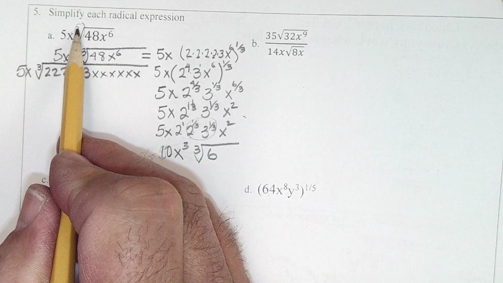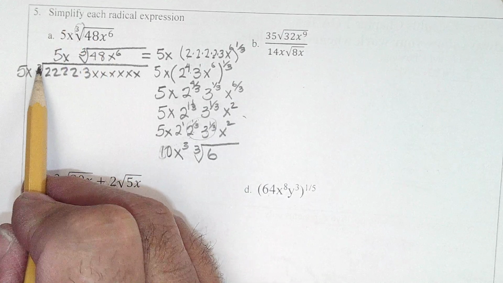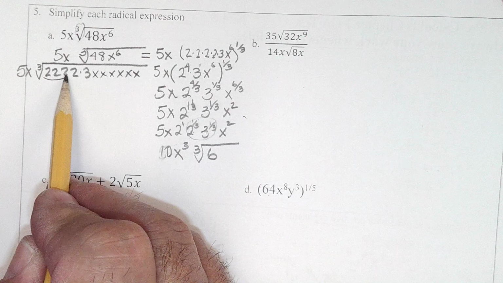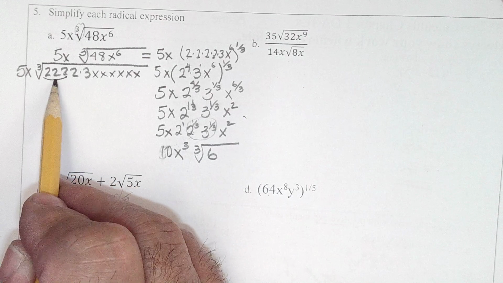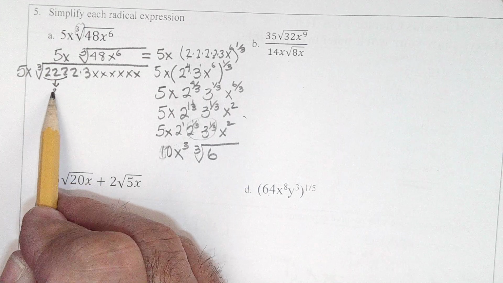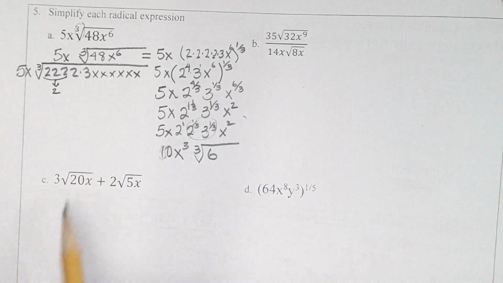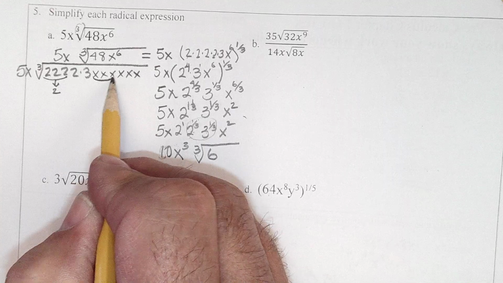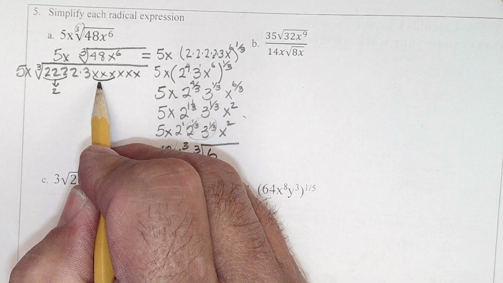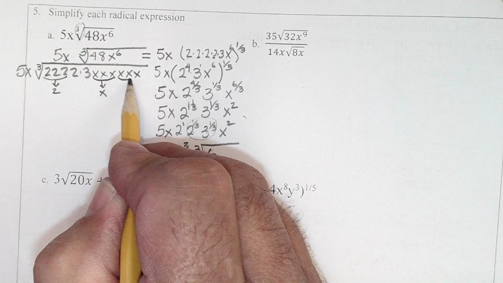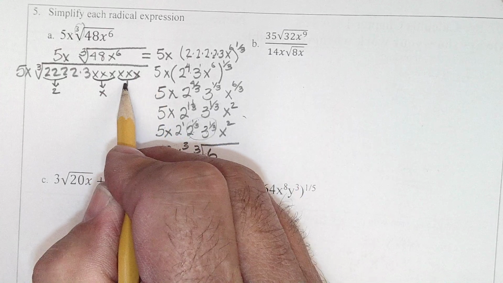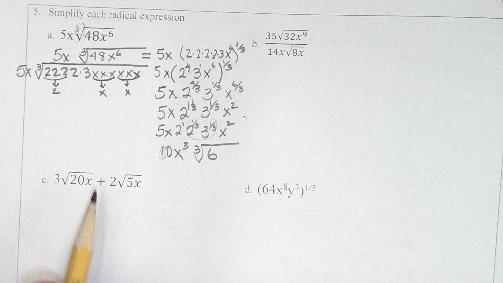And this means we need groups of 3. The cube root of 2 times 2 times 2 is the cube root of 8, which is 2, so that'll come out as a 2. Cube root of x to the third is an x. The cube root of x to the third is an x.